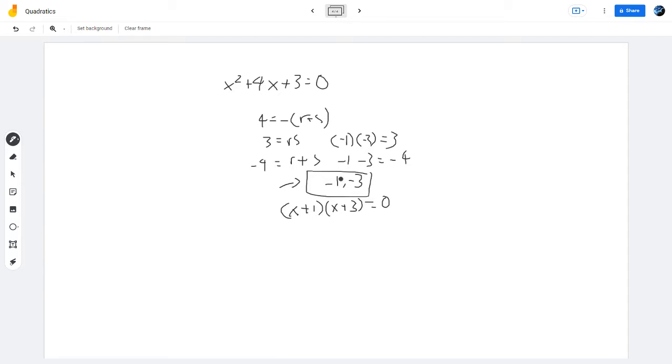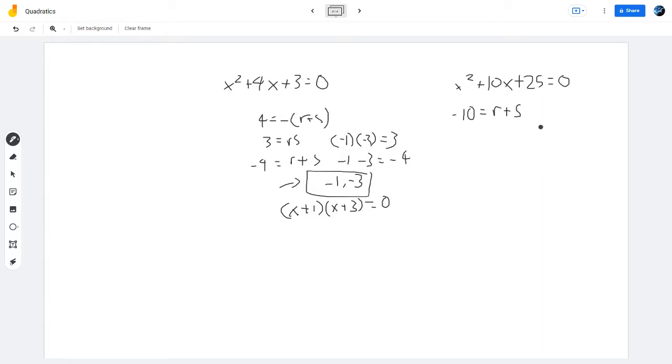And our next problem is x squared plus 10x plus 25 equals 0. So we have, again, a equals 1, so we don't have to worry about it as much. But we have 10 is equal to, or negative 10, just for convenience, is equal to r plus s, right?